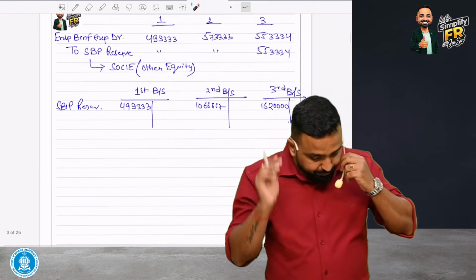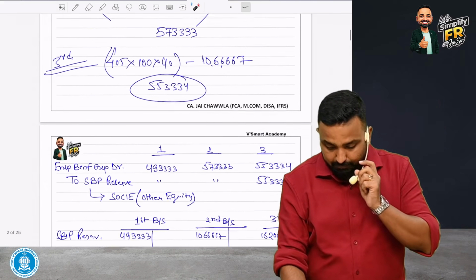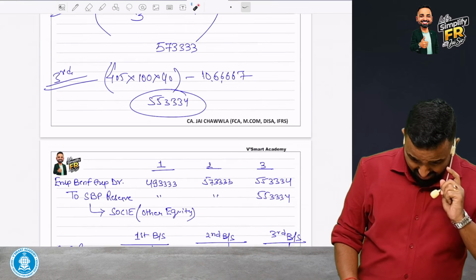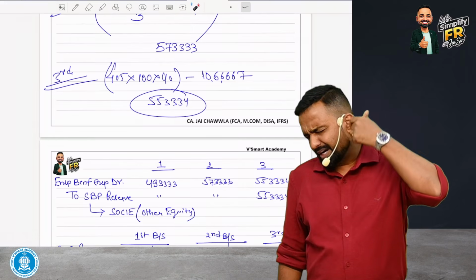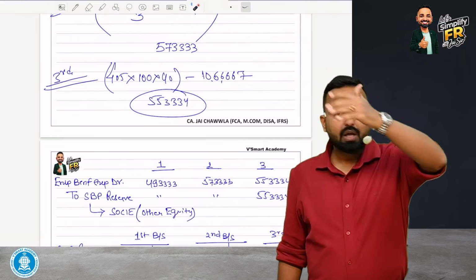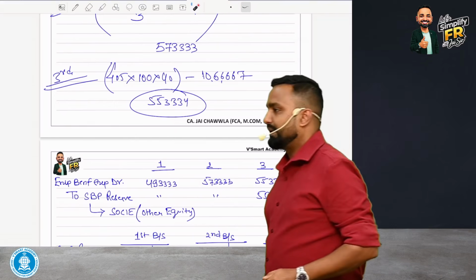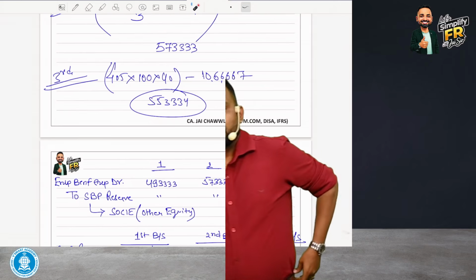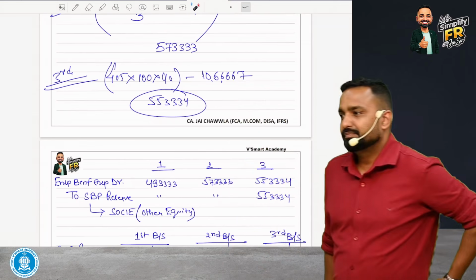Now, tell me, how many employees are finally eligible? After this, 405 employees, I have sent mail to every one of the 405 employees and given them 3 months time.